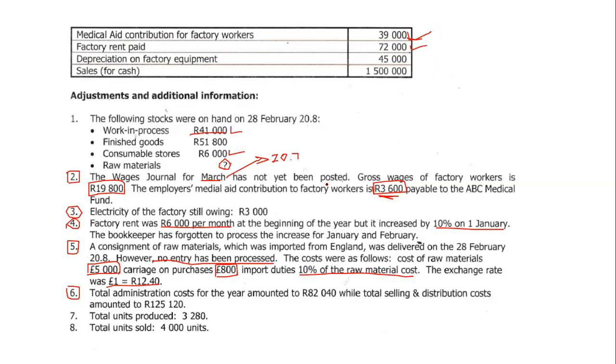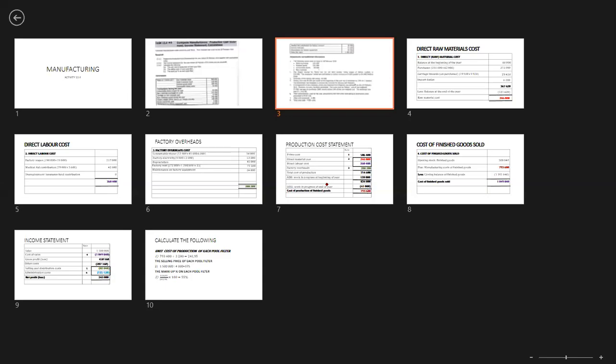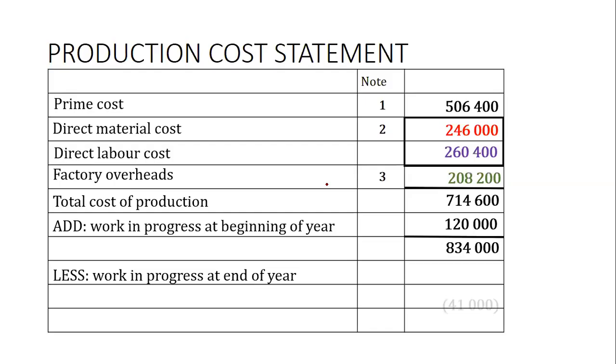Yeah. In this case, it was given to us, so we were lucky. 1,000. All you have to do is just go to your production cost statement and subtract that value. It will give you cost of finished goods, which is 793,600.